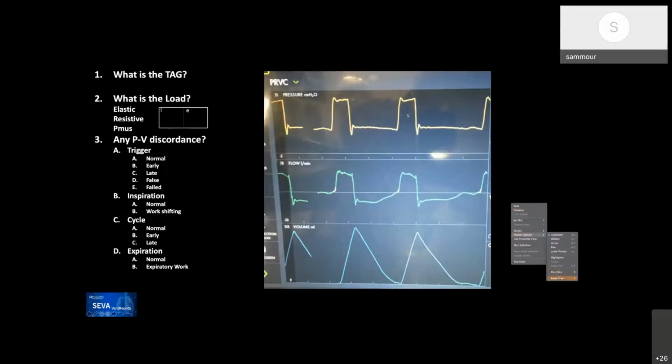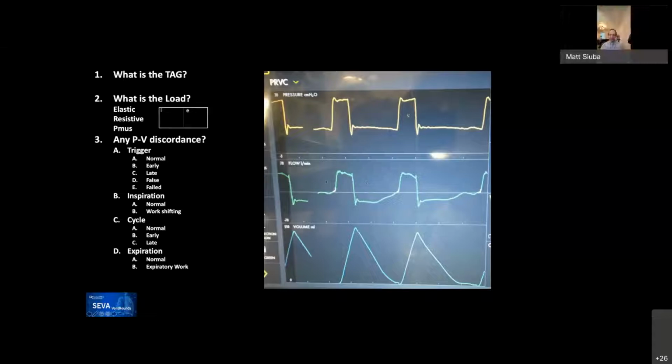I don't know if I can actually point to what here. Let me see if I can show you what I'm talking about. Sure, I just gave you permission to annotate it. The question that I have is whether this is a forced exhalation stacked onto what was happening before. But it's mostly a resistive load.